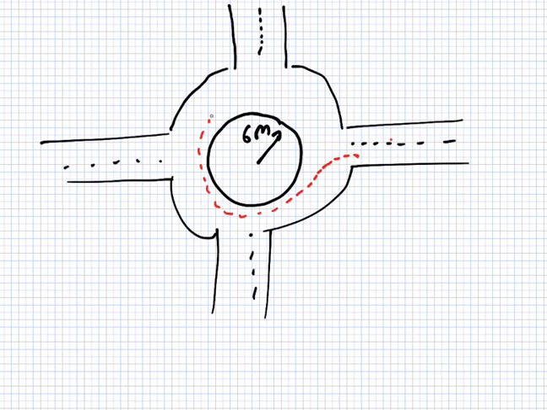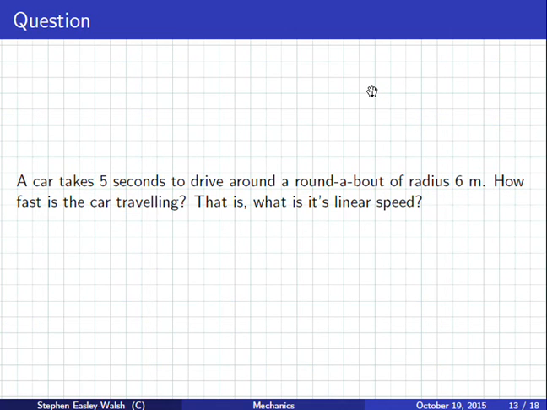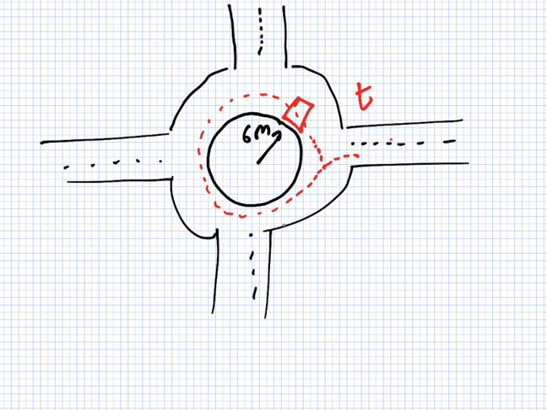So let's imagine the car goes around once. The car goes around the roundabout. And how long does it take to go around? I think I said 5 seconds. So it's going kind of fast.